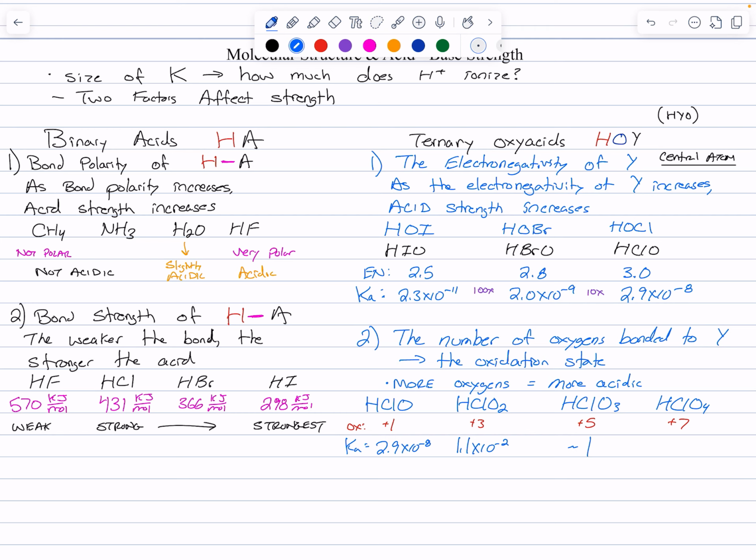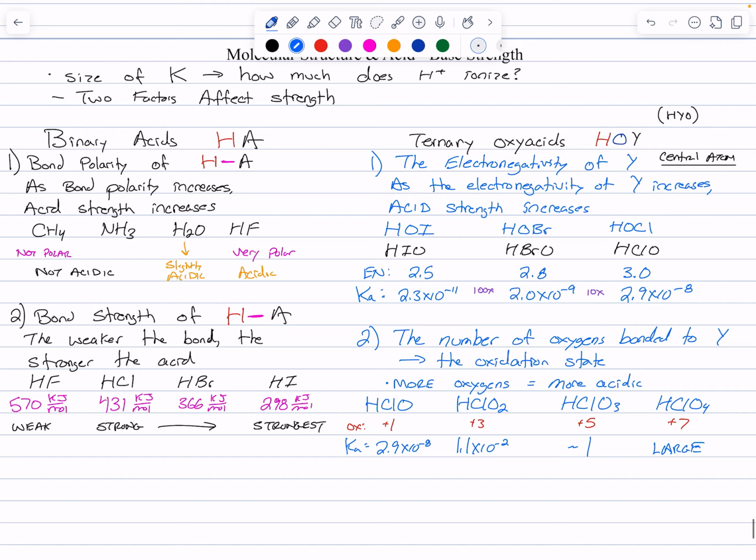Around 1 for chloric acid, which is more of an oxidizer than an acid. And then we're just going to put large for perchloric acid. I don't know what it is. It's big. We just assume it goes to completion. All right, so those are the factors that affect the strength of these acids.